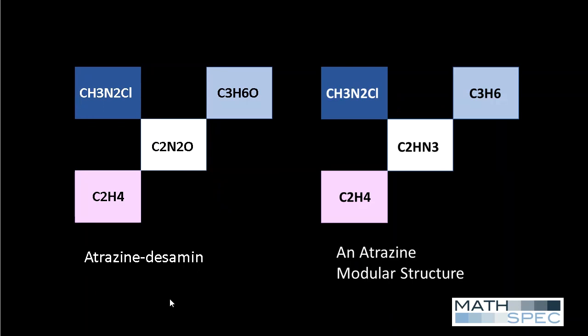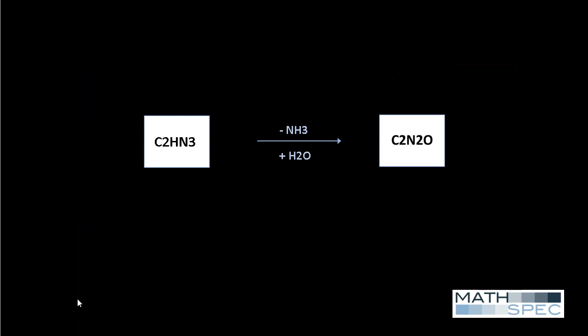There are two changes in the modular structure of the metabolite relative to atrazine. First, there's apparently an extra oxygen on the isopropyl side chain. And second, let's look at this white subfragment. To go from a C2HN3 in atrazine to a C2N2O in the unknown metabolite, one way we could do it is to lose ammonia and gain water, sort of a hydrolysis of the compound.